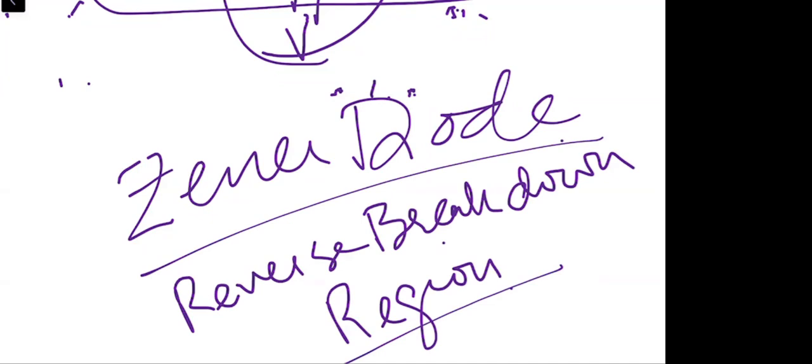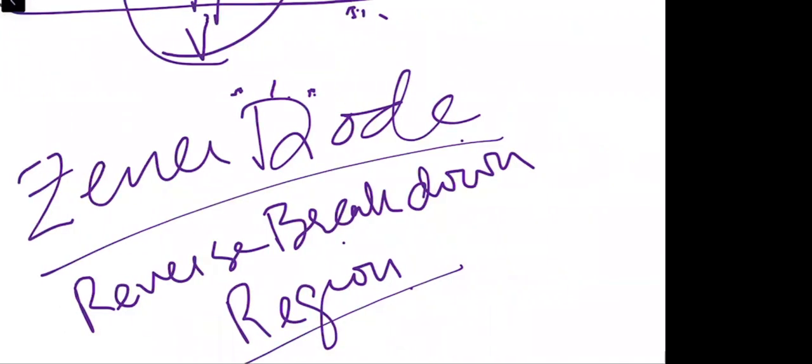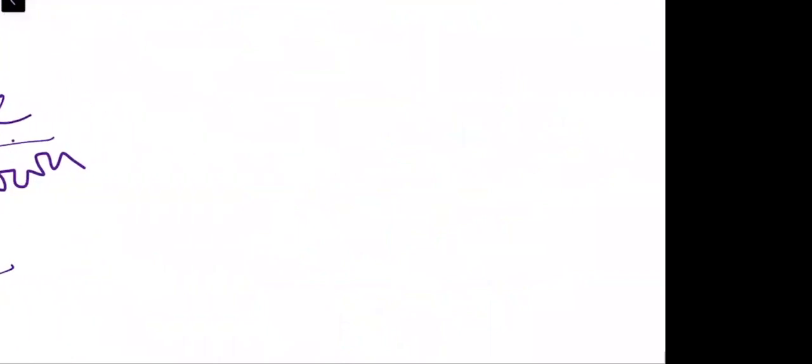I just want to give you the idea of what can happen and how we can take care of this thing. So this is something about reverse biasing. Any question up till now? Is this thing fine?